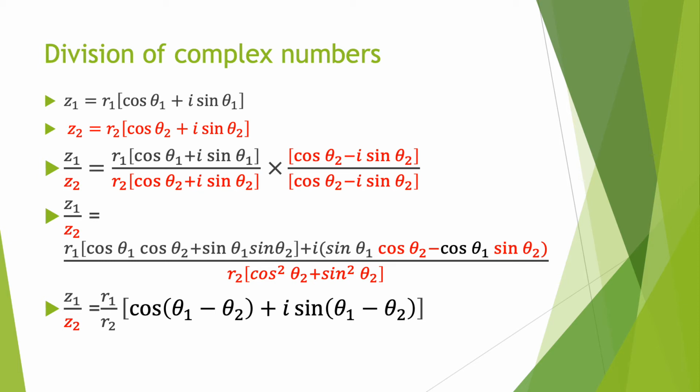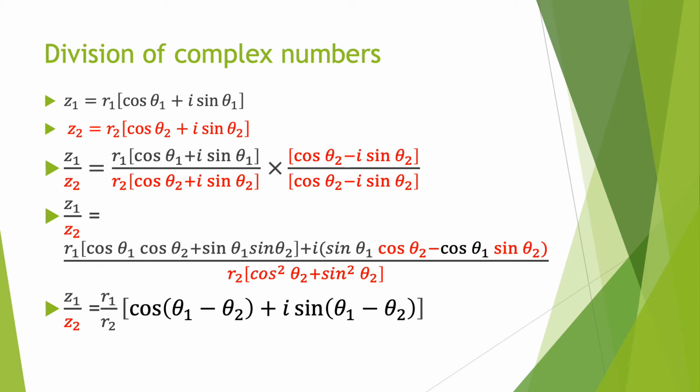So we rationalize the denominator by multiplying by the conjugate of z2, which is cos theta 2 minus i sin theta 2, to the numerator and denominator.